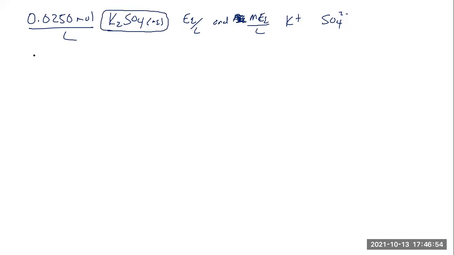We can do that by taking our potassium sulfate and thinking about what happens when this goes for a swim. It's a strong electrolyte, which means it's not going to stay together. We would get 2 potassium ions, and that 2 comes from here, and we would get 1 sulfate ion.